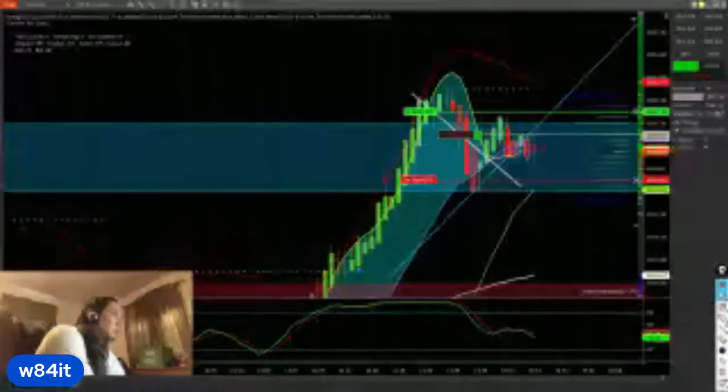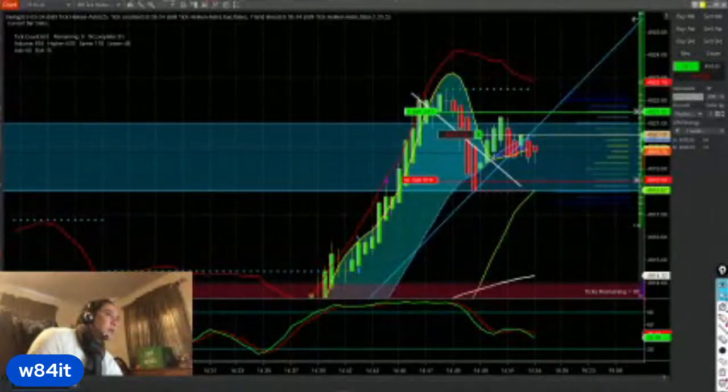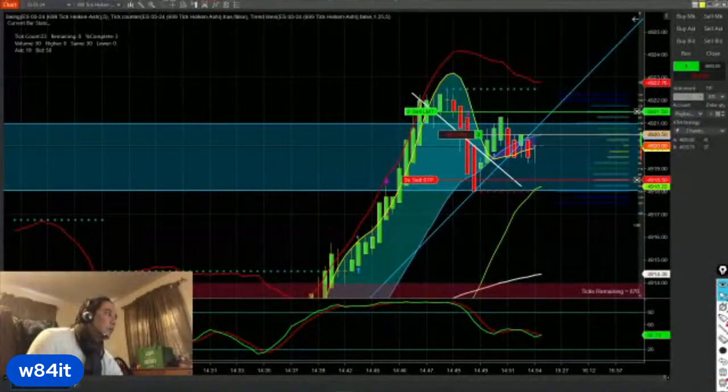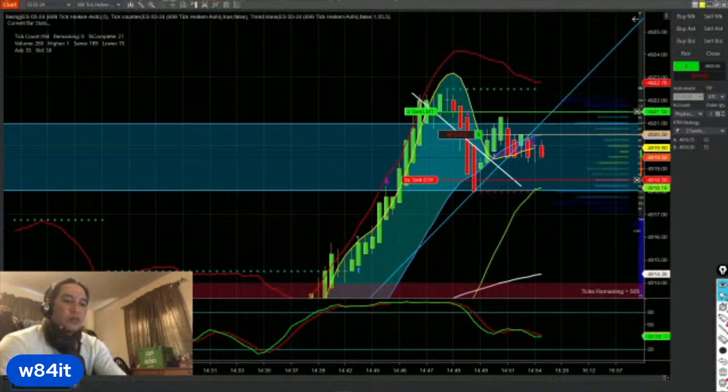Okay, where is this? It's kind of doing inside candles right now, so it's stagnating. It's waiting to see which side's going to win. Okay, so it's moving average builder.